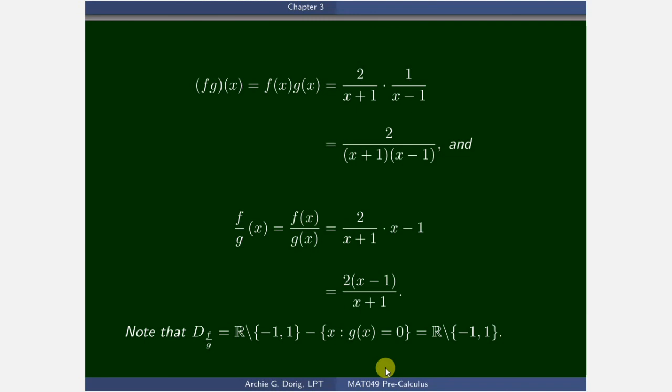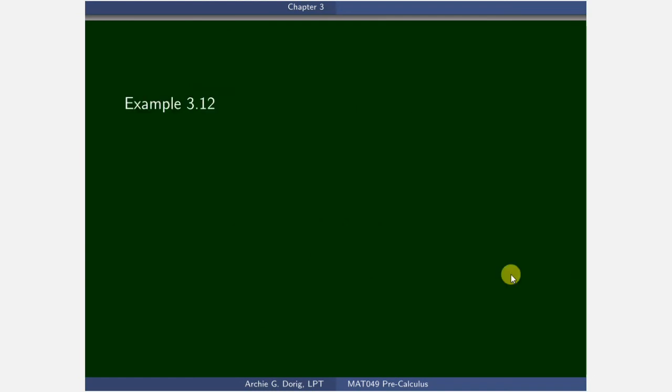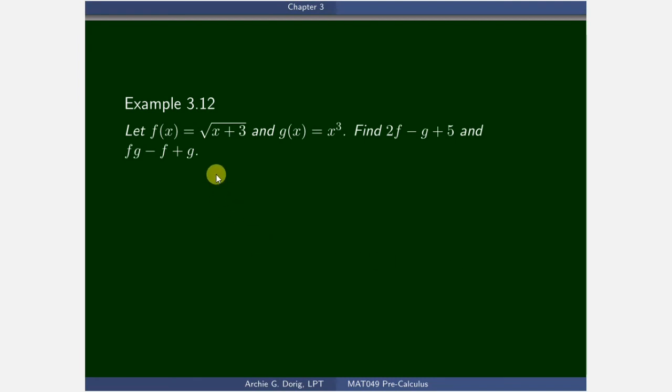So when our g of x equals 0, this is just empty because there is no such value of x that makes g of x equal 0. So the domain of the quotient is just equal to the set of all real numbers except negative 1 and positive 1.